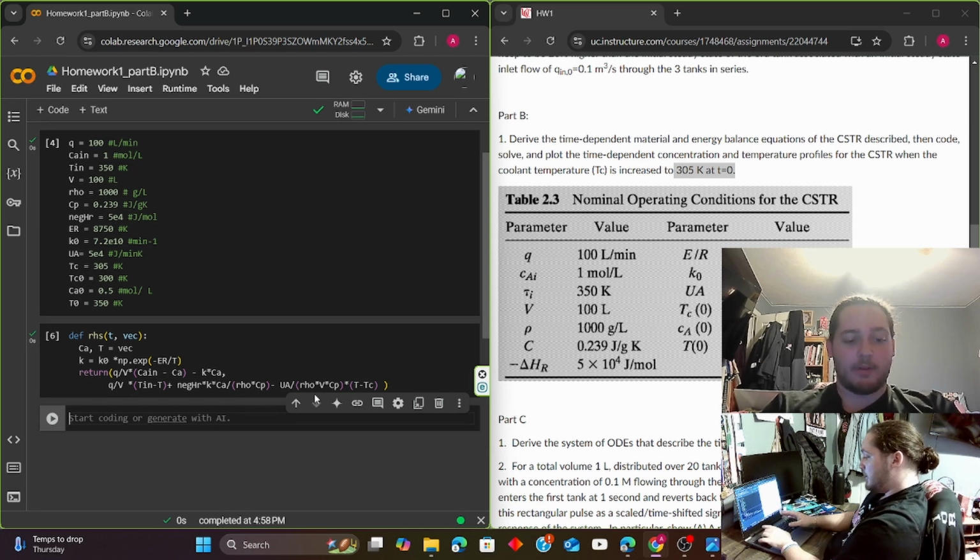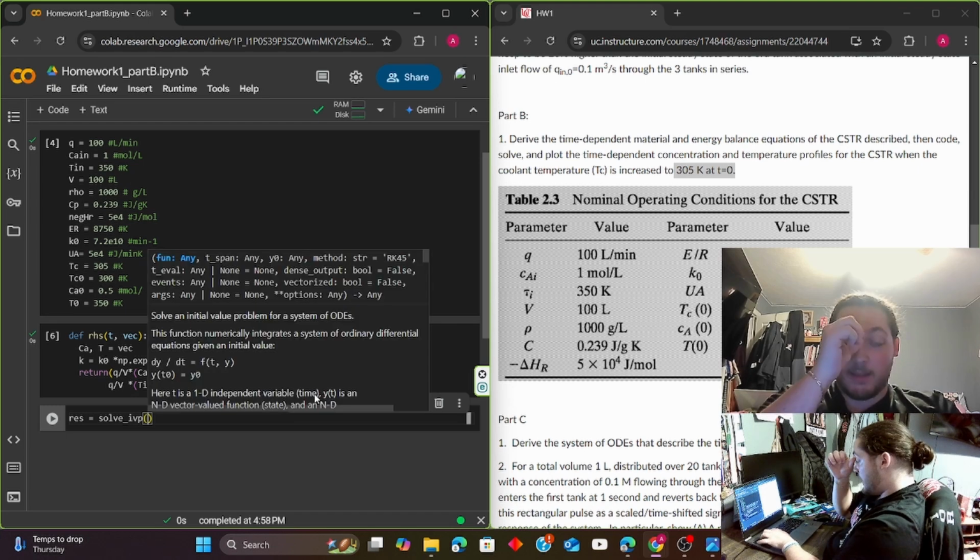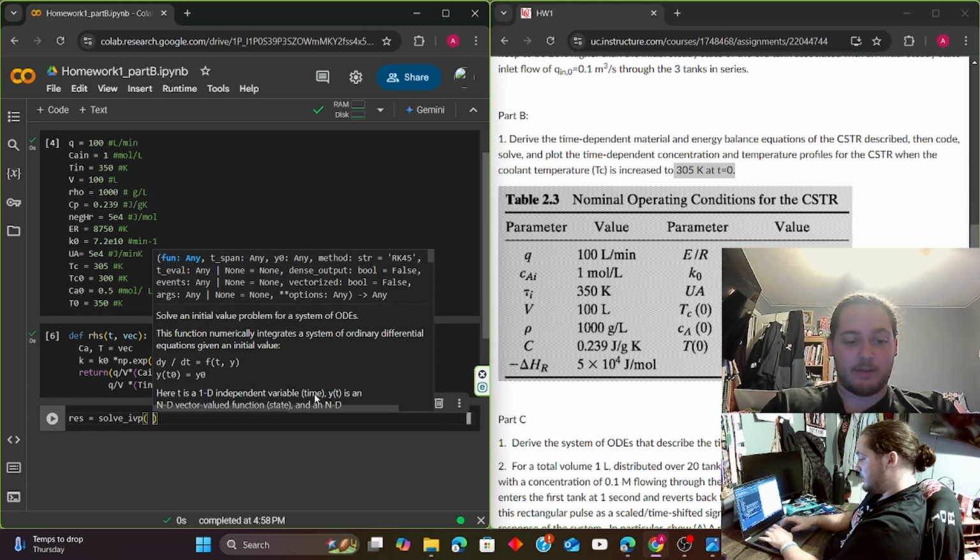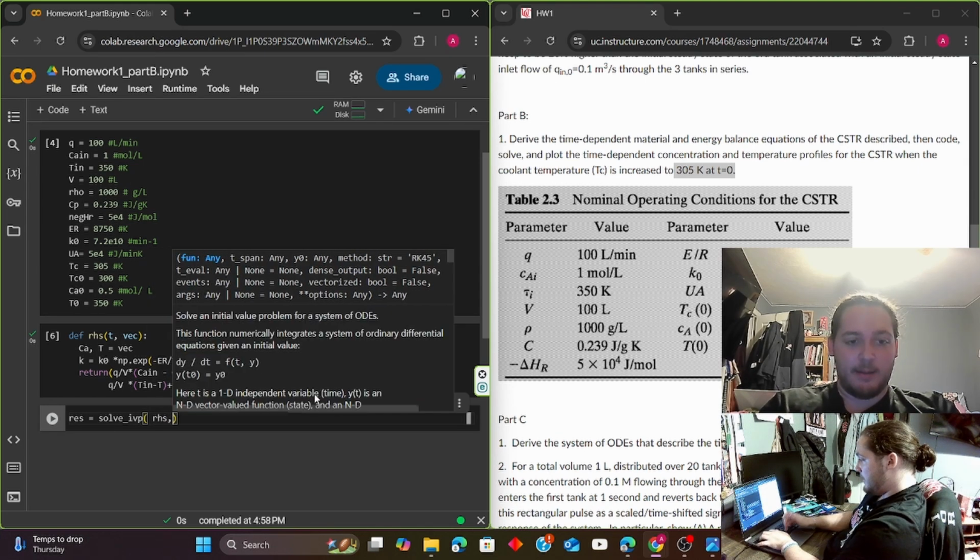To start, we can define our solution as the result equal to solve_ivp, and our function here is going to be the right-hand side.